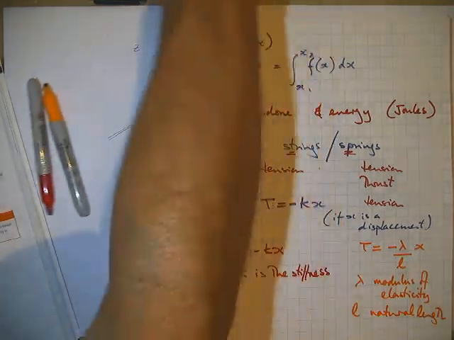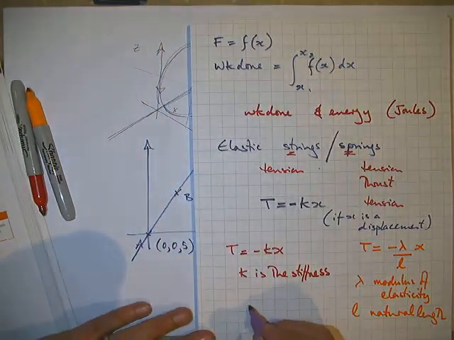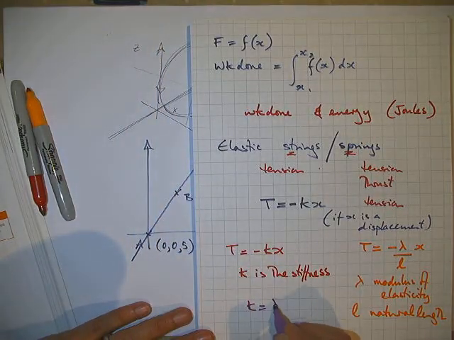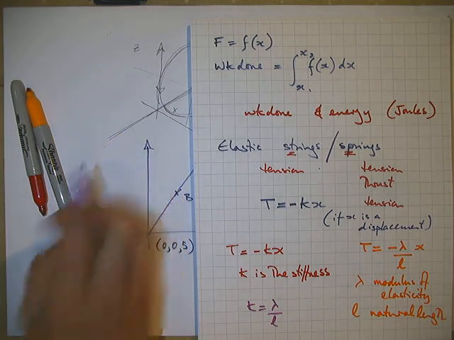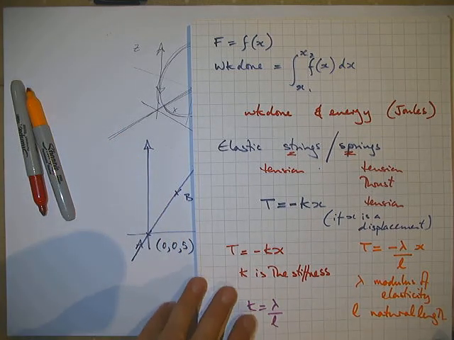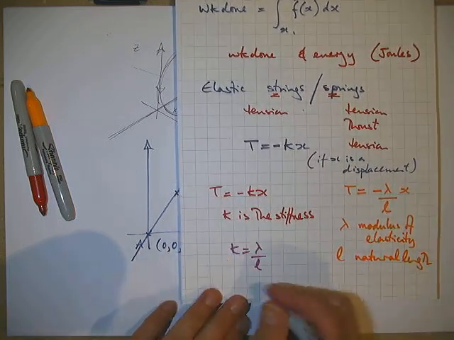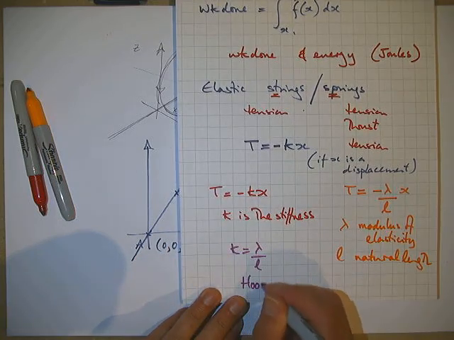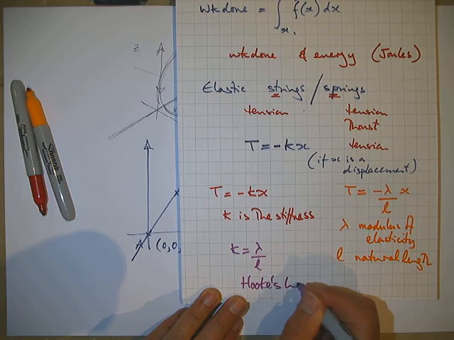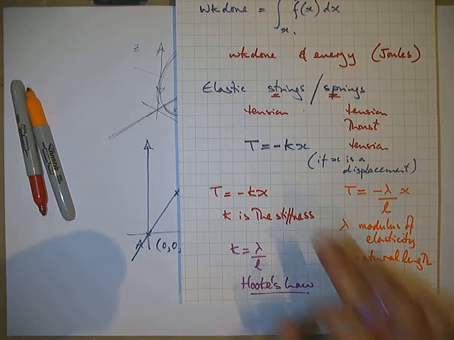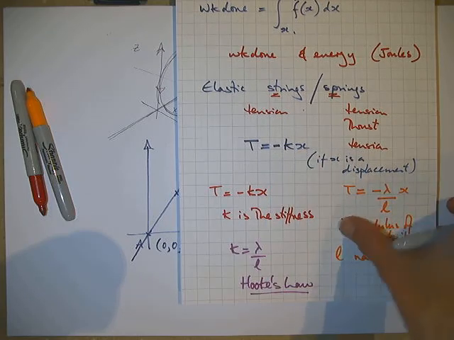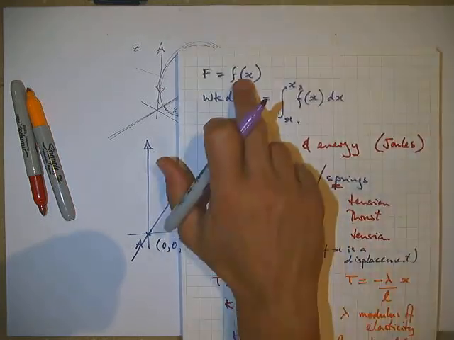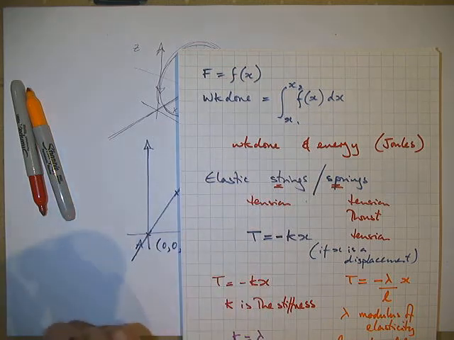So we can replace k and lambda upon L are the same thing. Right, and that is called Hooke's law. That the force in a string or a spring depends on displacement, which means it's one of these examples.